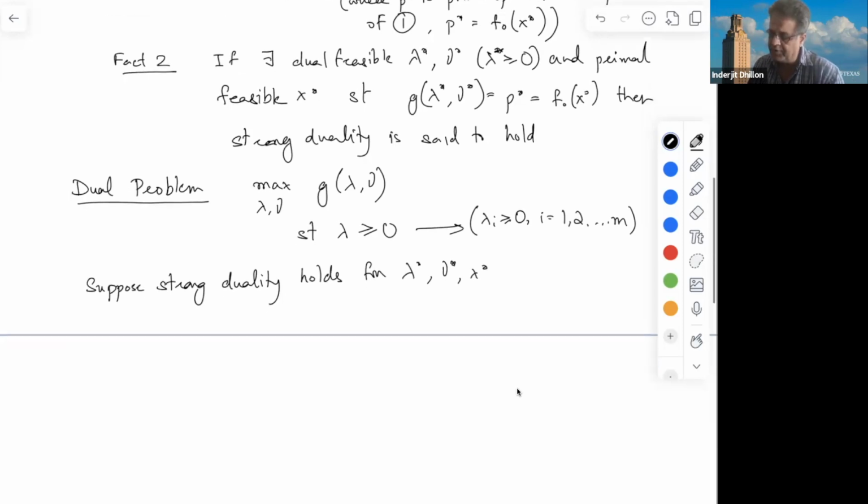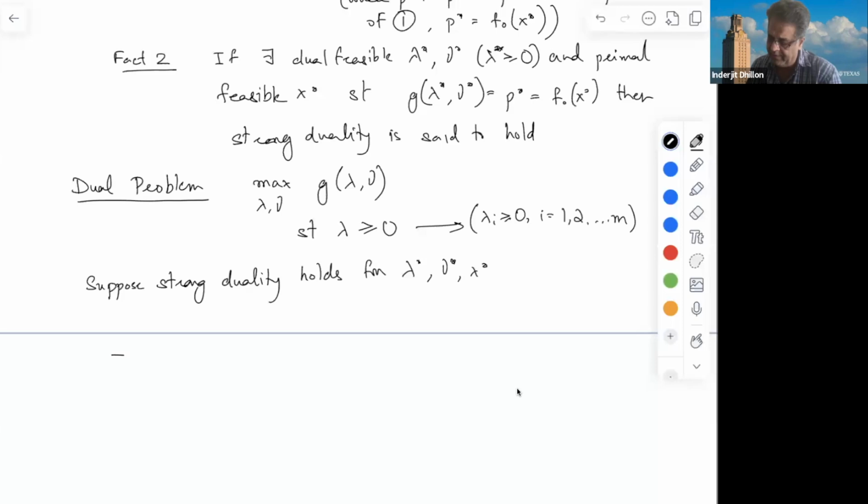Let's see what the consequence of that is. Let me write f naught of x star. Strong duality means that f naught of x star is g of lambda star, nu star. That's exactly what strong duality is, so we are assuming that it holds. From before, g of lambda star, nu star is the infimum over x of L of x, lambda star, nu star.